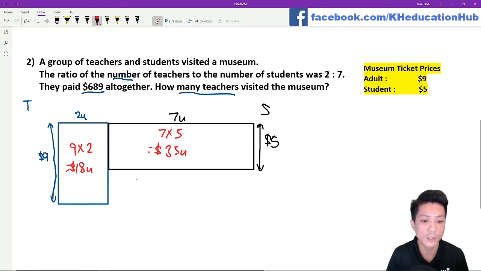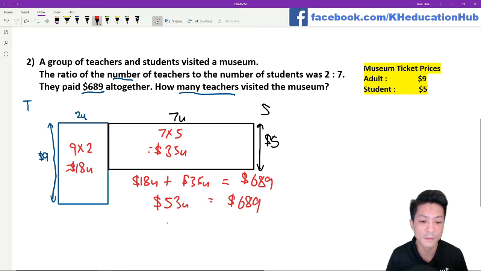If I use the $18 unit plus the $35 unit, it is going to be equal to $689. So 53 units is equal to 689.